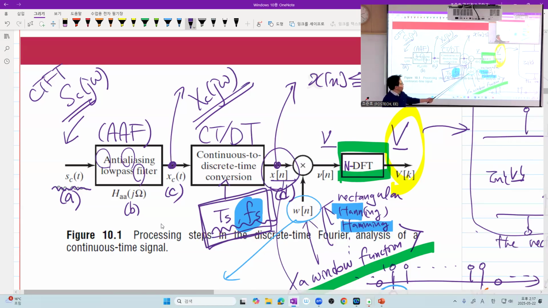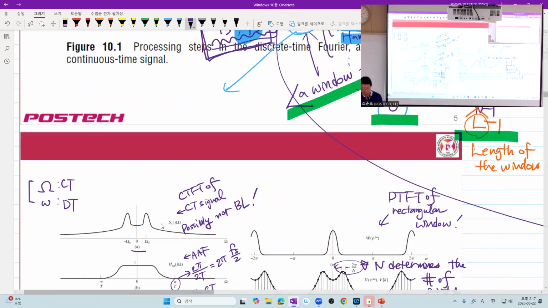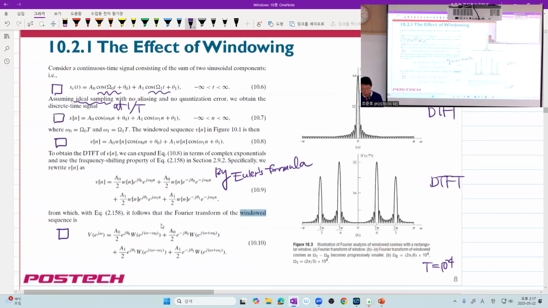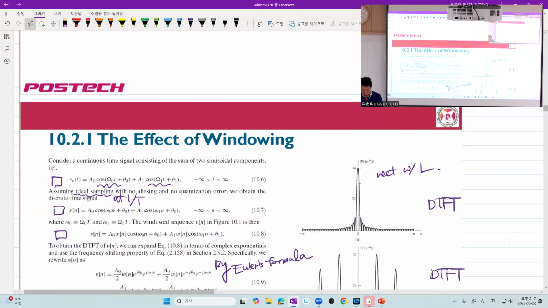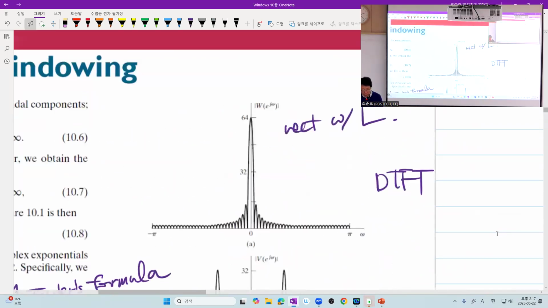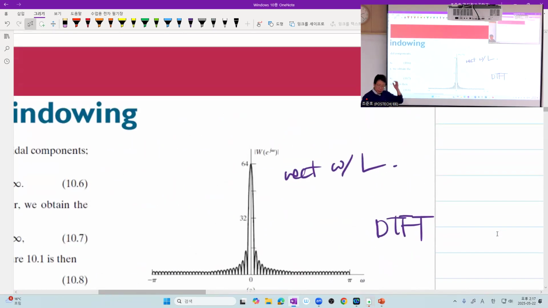So let's see the DTFT of our window functions, especially first the rectangular window. And the rectangular window has a DTFT that looks like this. Of course, this is the magnitude of the DTFT. And it looks very familiar.